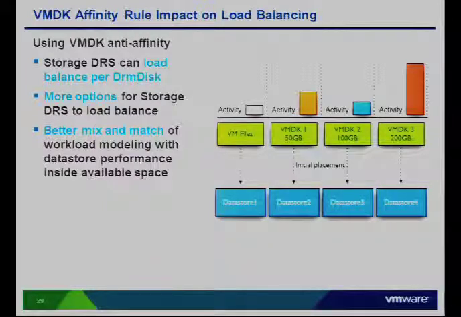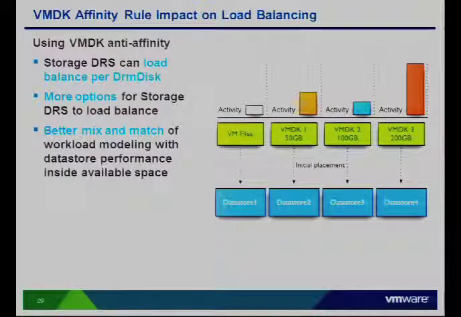And so it can spread the VM across the data stores in your data store cluster. And coming back to Frank's example, if there is a disk demanding high I/O, and if there is a threshold violated for the data store, Storage DRS can individually treat each DRM disk and place it on different data stores, which leads to a much better mix and match.